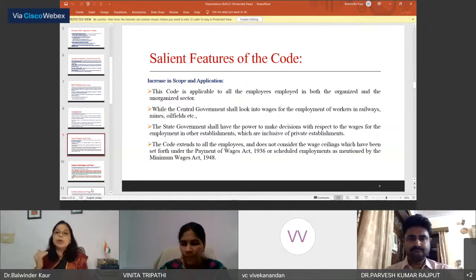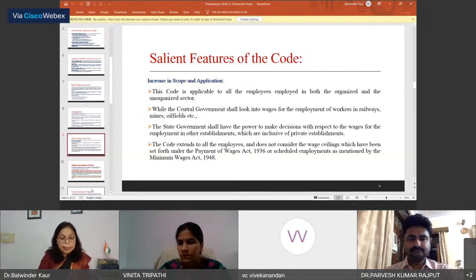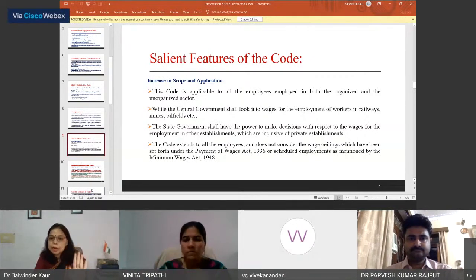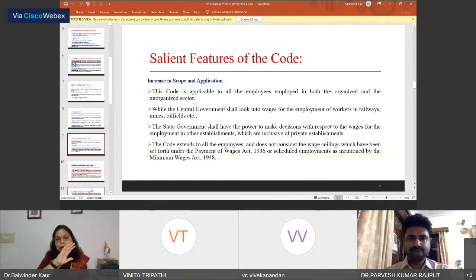When it comes to equal remuneration, it was applicable to every industry. So, 4 different legislations. If you see the applicability of the 4 legislations, it was different. Now, under the Code on Wages 2019, it simply says the code is applicable to all employees employed in both the organized and the unorganized sector.